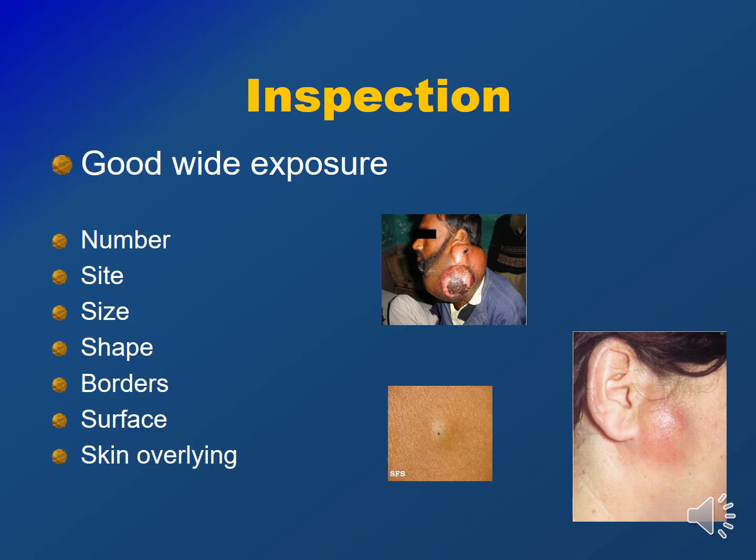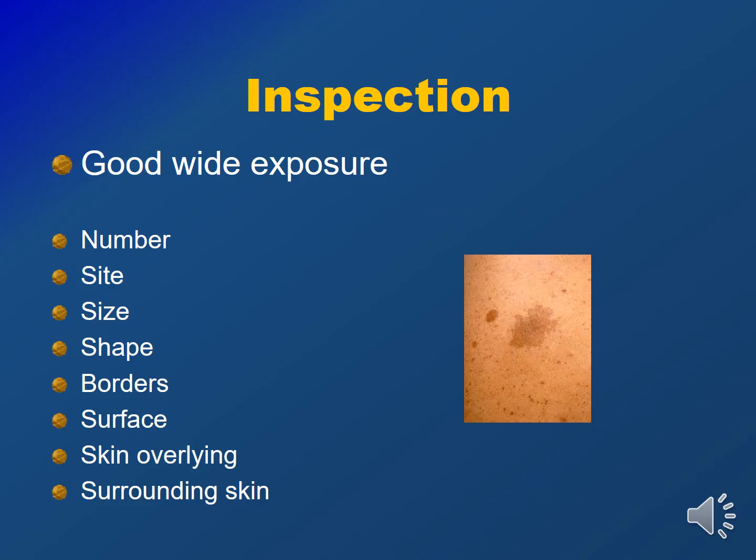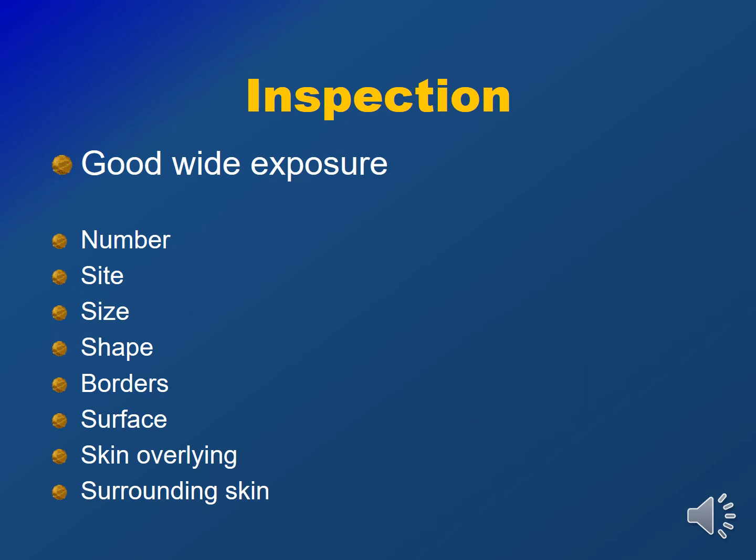She said that it's painful, and when you palpate it, it looks tender. This is a skin overlying an inflammatory process. Lastly, the surrounding skin around the swelling itself may show dilated subcutaneous veins, or some pigmentation like cafe au lait pigmentation in this photo.